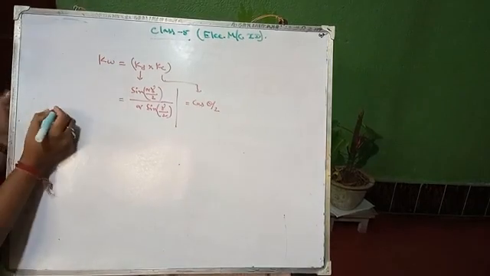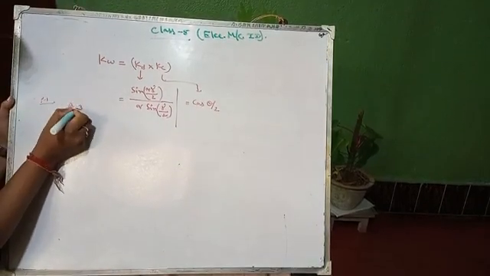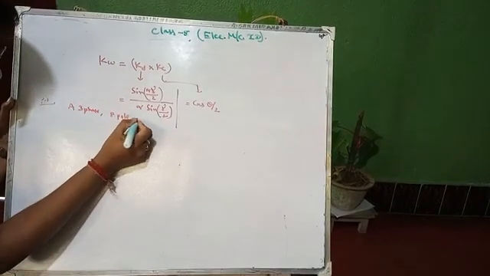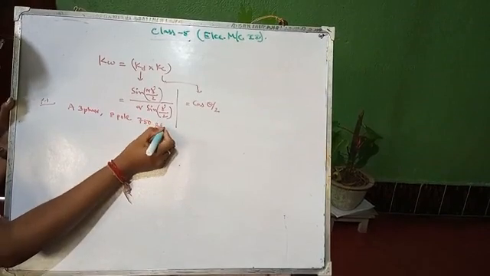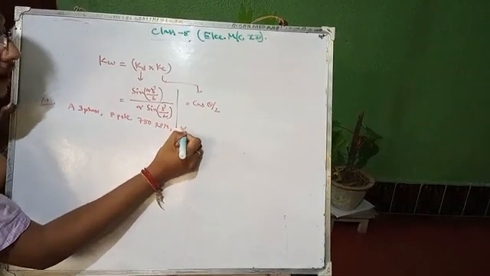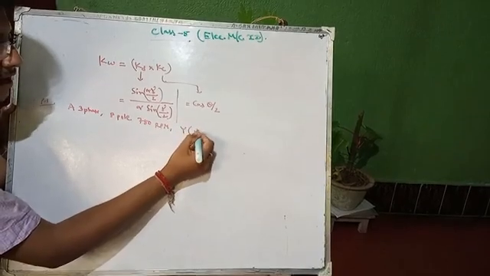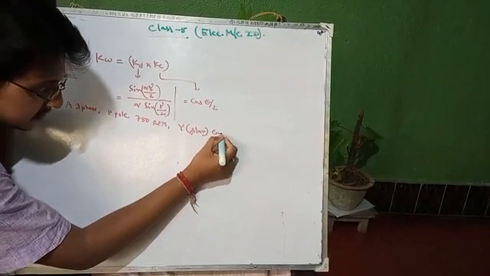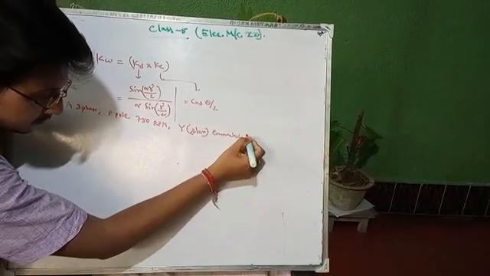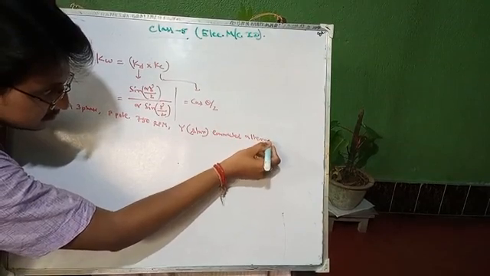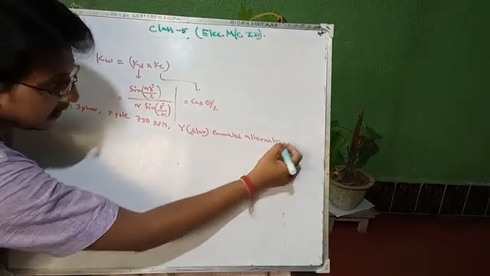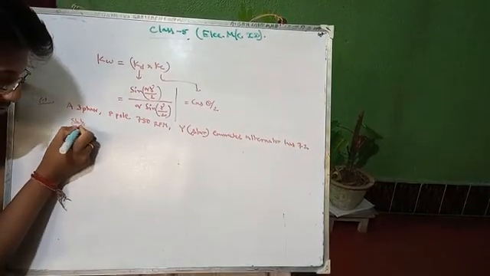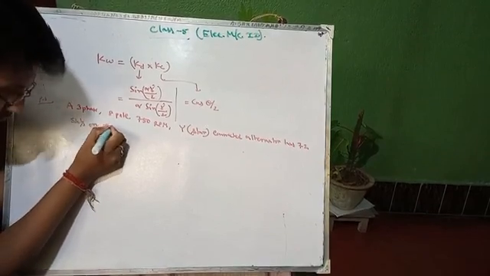Problem number 1. A three-phase, 8-pole, 750 rpm, Y connected, means star connected, alternator has 72 slots on the armature.